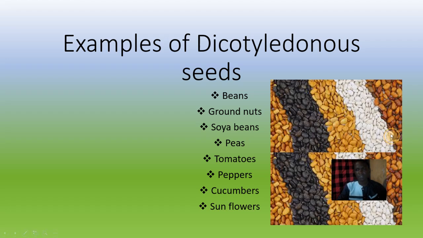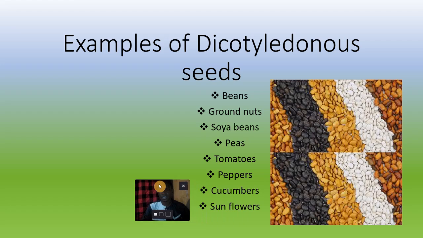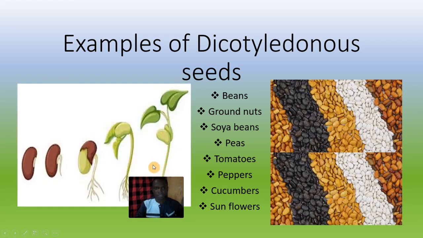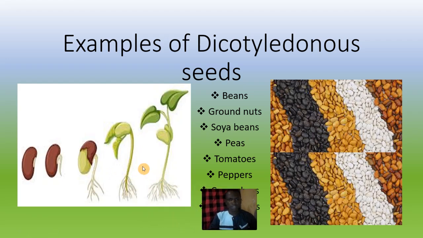Like how we can see this image here, we have some examples of those dicotyledonous seeds. Now this shows how the seeds can grow from the soil until when these foliage leaves are out of the soil.